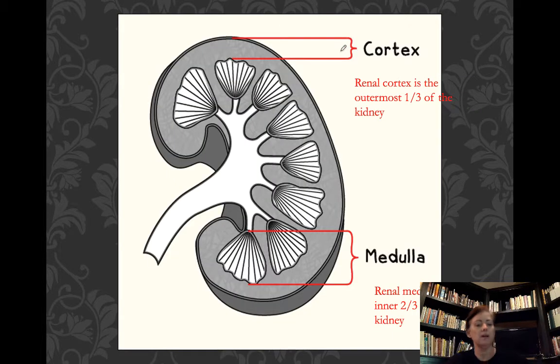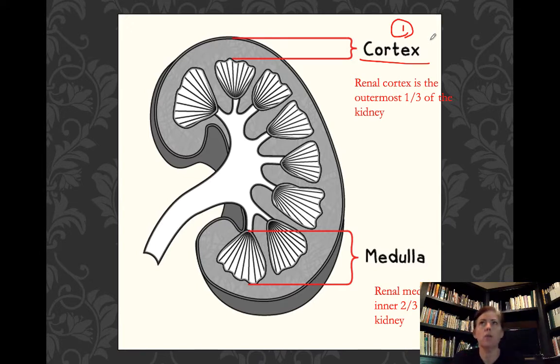If we look at an individual kidney and we cut it open and look at it from the inside, we see three different regions of the kidney. The first one is going to be the cortex, and we see this term cortex in a lot of different capacities in anatomy. Cortex typically means the outer crust.